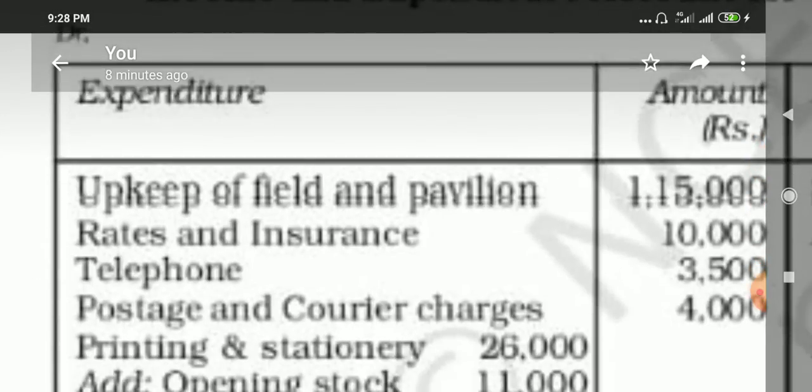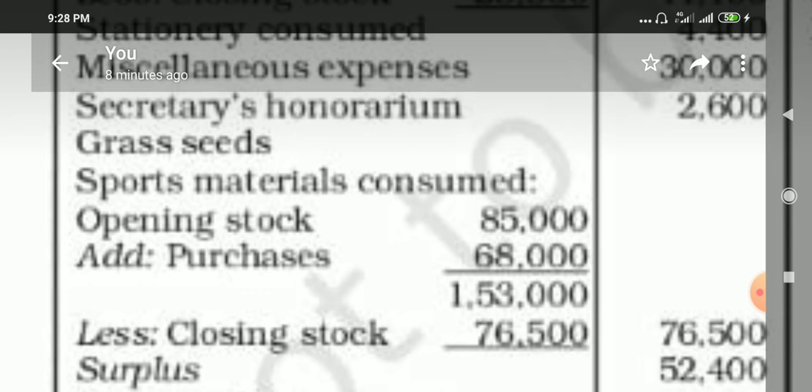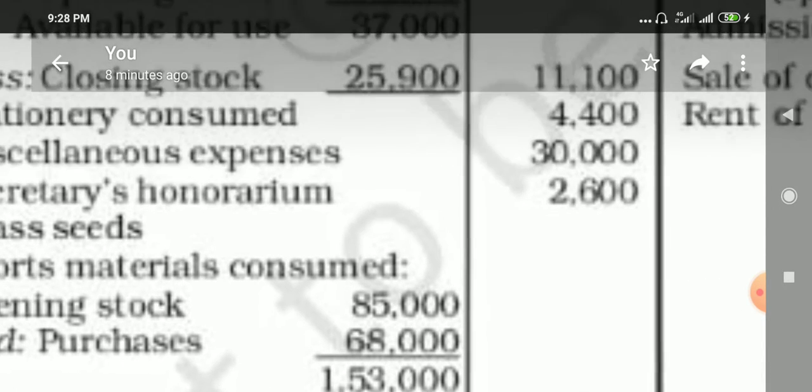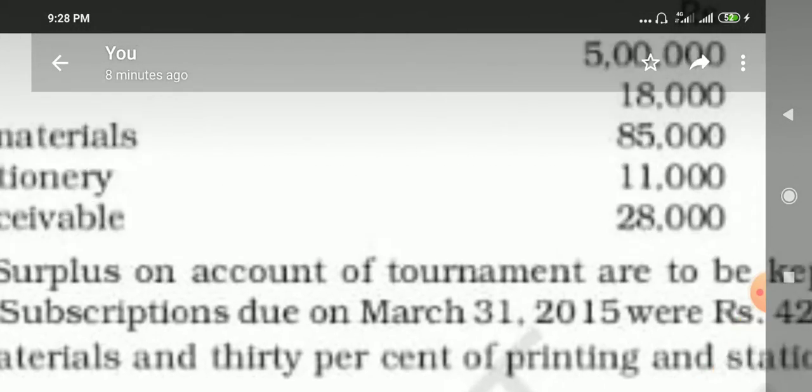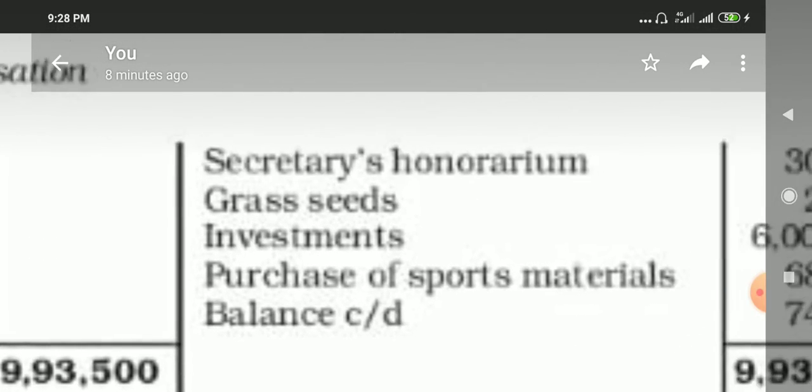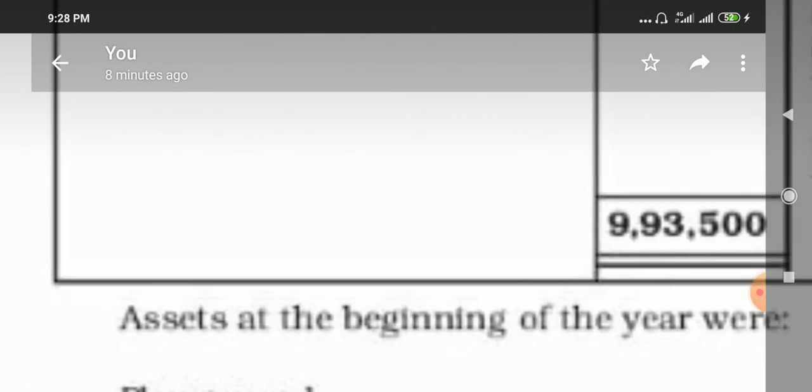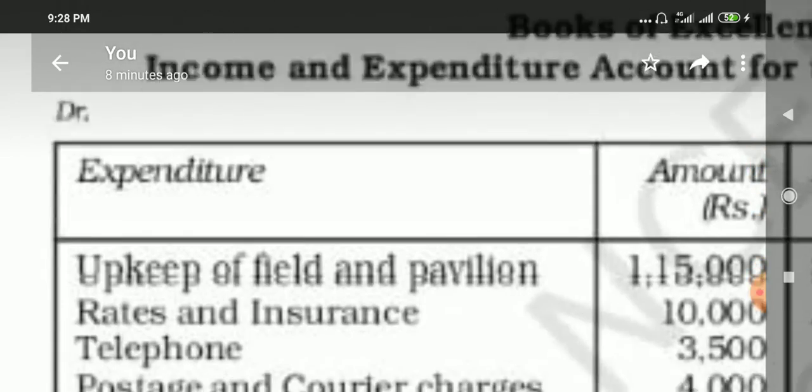So we show sports material in the income and expenditure account as 85,000. Then purchase is given in the receipts and payment account, purchase of sports material 68,000. Add this amount.